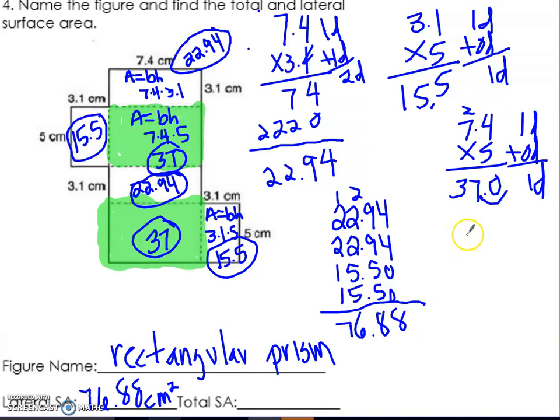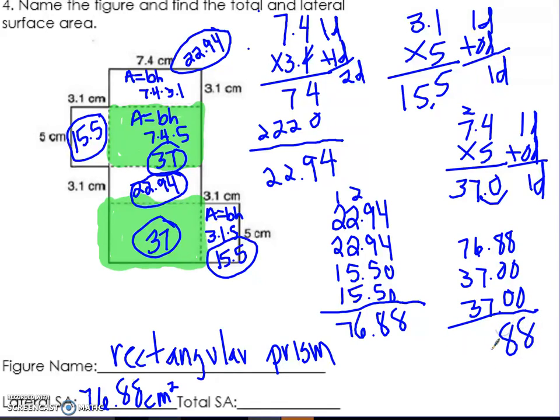Alright, to find the total surface area, we're going to do 76 and 88 hundredths plus 37 plus 37. Alright, we have 8, 8, 7 plus 7 is 14, plus 6 is 20. We have 10, 13, 14, 15. So we have 150 and 88 hundredths.